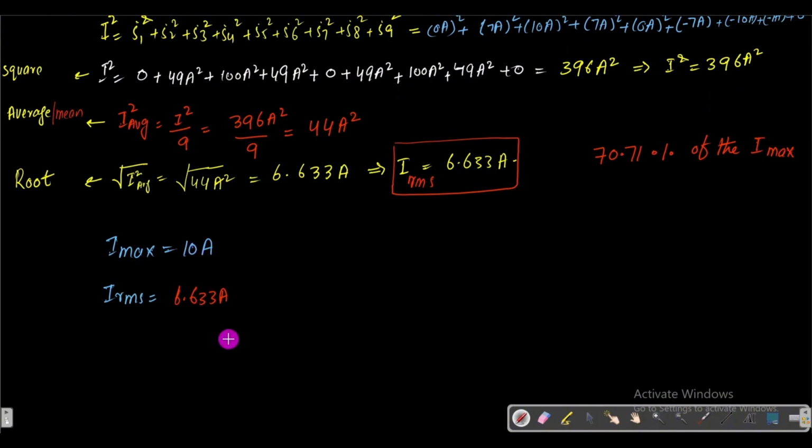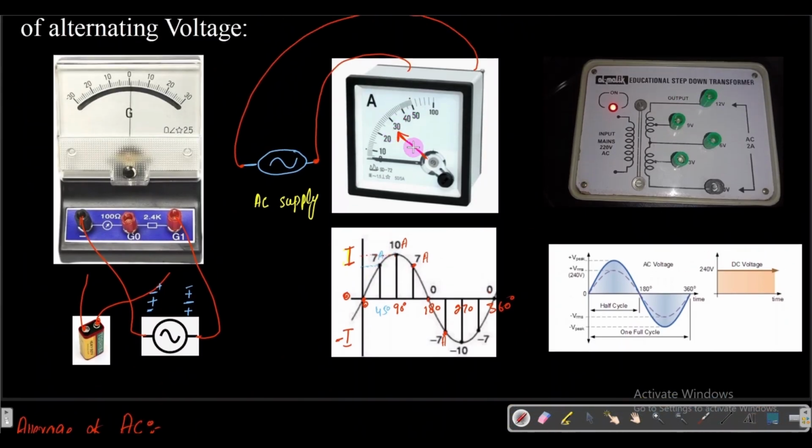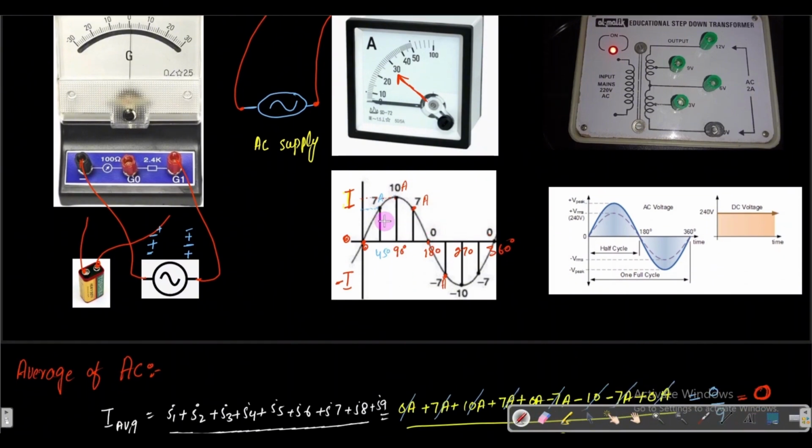So this ammeter, which is the ammeter for the alternating current, will give us the RMS value. It will determine the RMS value.